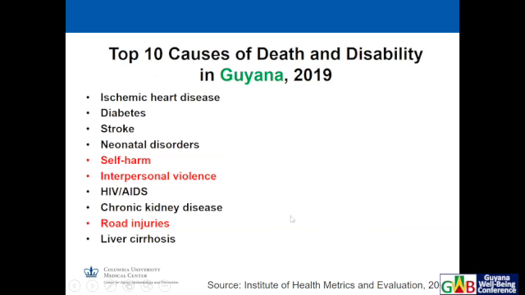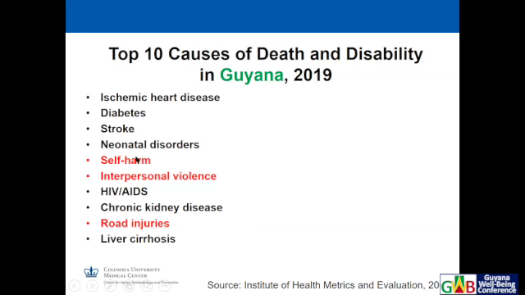So I did check the Guyana data. You do have pretty good injury surveillance data. This is from the Global Burden of Disease Project, pretty recent data, 2019. And I looked at the top 10 causes of death and disability in Guyana.